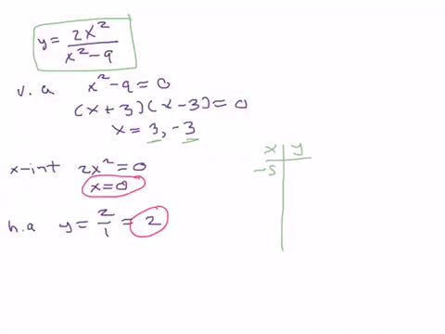So -5 and -4 are to the left of -3. -2, 0, and 2 are between -3 and 3. And then finally 4 and 5 are to the right of 3. So notice each of the regions is accounted for.